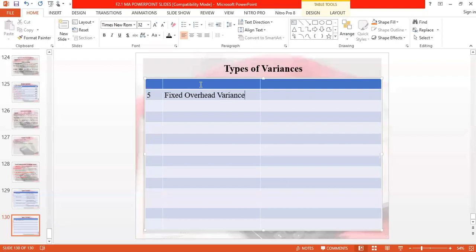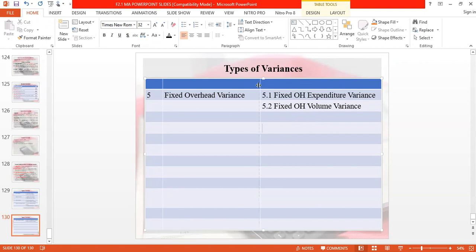Under it we have 5.1, fixed overhead expenditure variance, and number 2, we have 5.2, fixed overhead volume variance. So we have fixed overhead expenditure variance, and we also have fixed overhead volume variance.